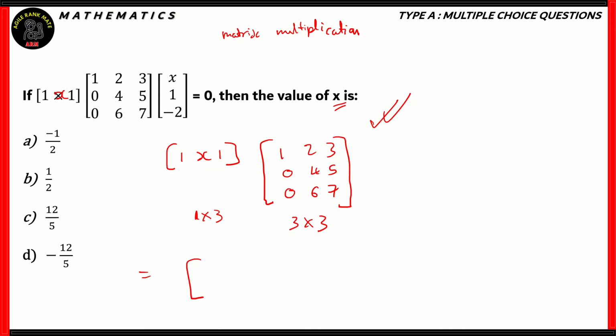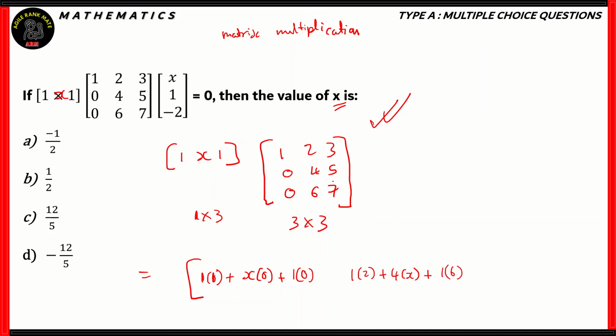So when we do this particular matrix multiplication for these two matrices, [1 x 1] and the 9-element matrix, what we get is 1 times 1 plus x times 0 plus 1 times 0 as the first element for the new multiplied matrix. The second element would be the first row multiplied by the second column. So that will be 1 times 2 plus 4 times x plus 1 times 6.